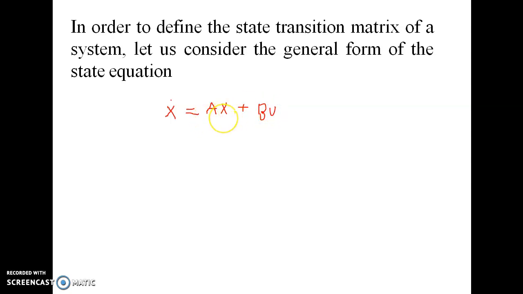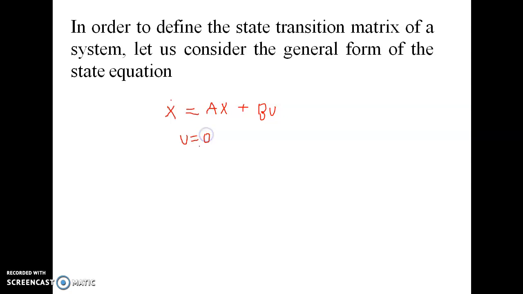Here, as we already know, x is a state variable and u is an input. While defining the state transition matrix, what we have assumed is u is equal to 0, that is input is equal to 0.